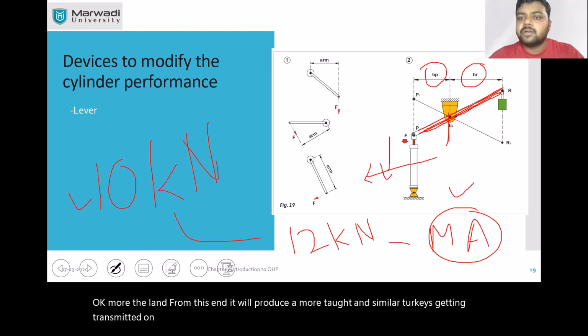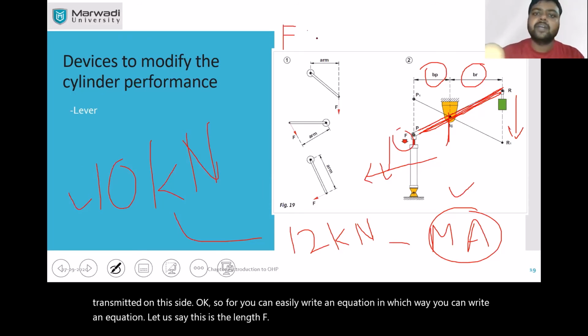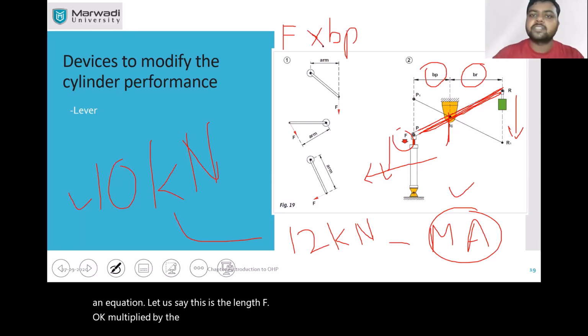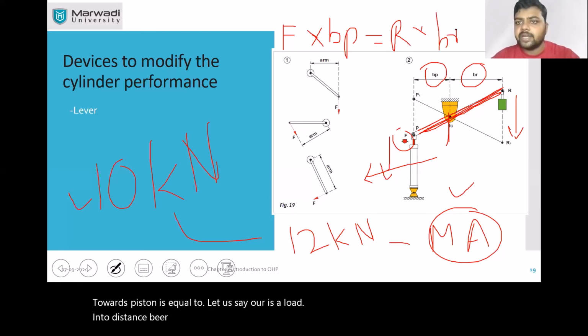For this you can easily write an equation. Let us say F is the force multiplied by the distance BP towards the piston, equal to R, the load, into distance BR. This is a simple equation for balancing the torque at the pivot joint.